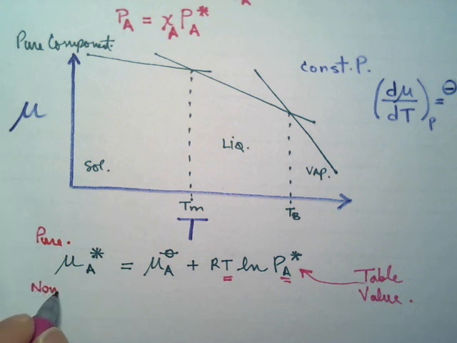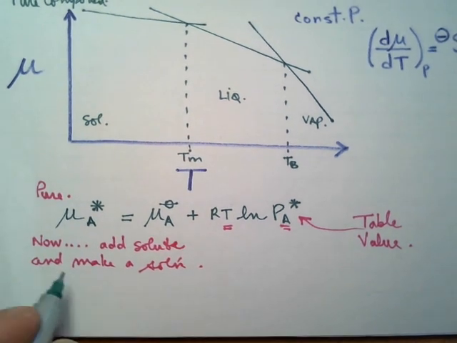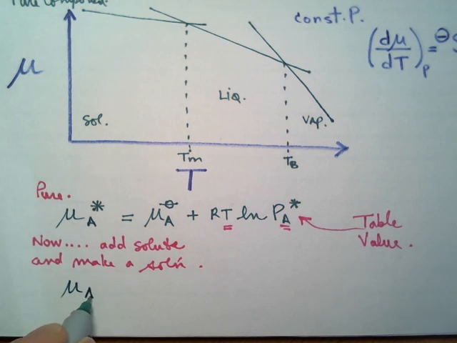Now, quite literally, we are going to add solute and make a solution. So now A is part of an ideal solution. A is the solvent, the major component. Now I will write, and you've got this in your notes, that the chemical potential of A, I'm not going to use the star now because it's not pure, it's part of the binary system.